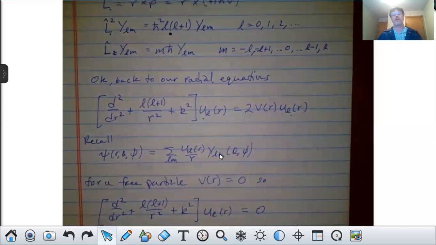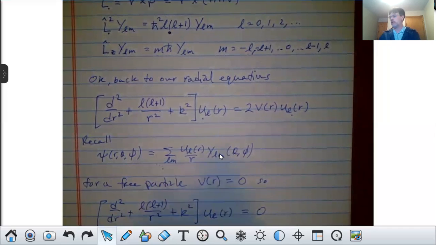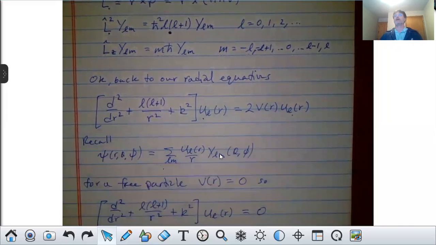What I'd like to do now is look at how we start to solve for these radial functions, and how we start to tell what they're going to mean as far as an experiment goes.